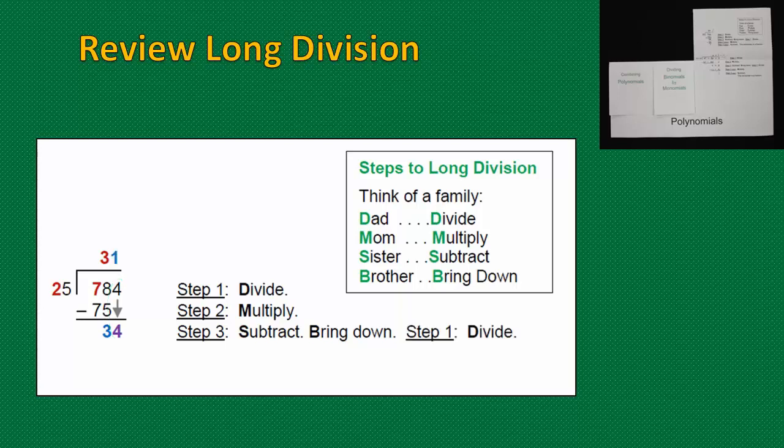And then we'll go back to step 1, which is to divide again. Now we have 25 going into 34. So 34 divided by 25, we'll think of just the 3 divided by 2, and that is 1.